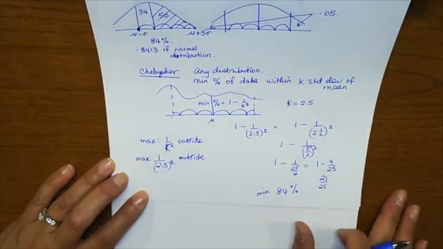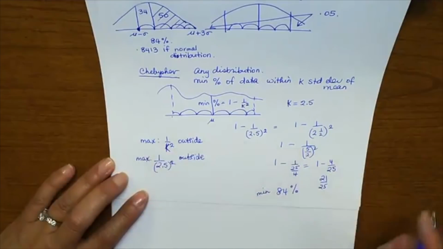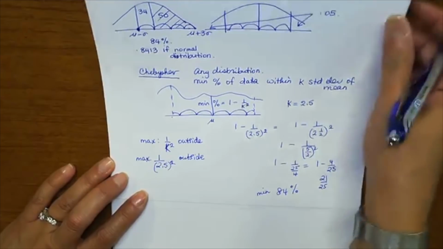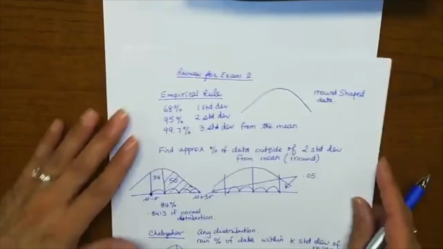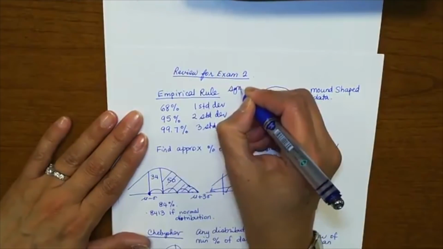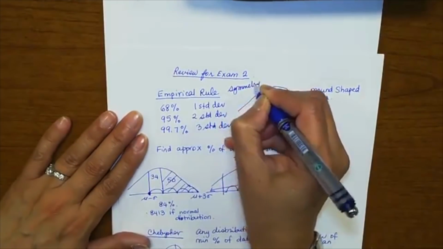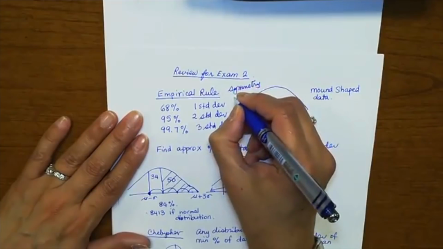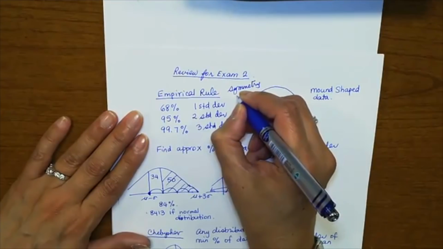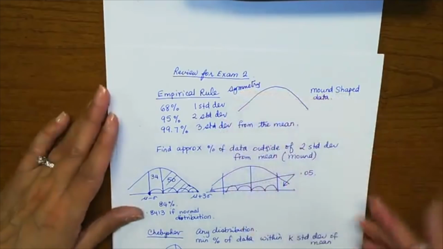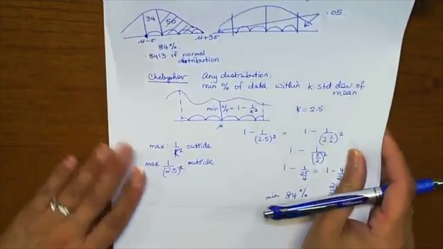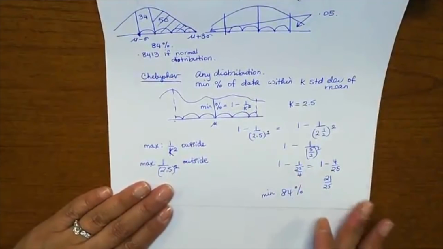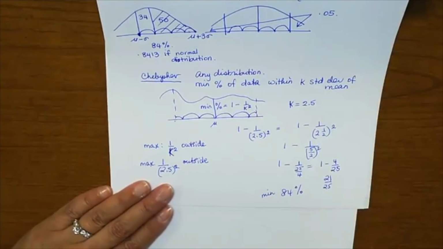You can't split that and say half of it on one side and half of it on the other side. It doesn't work that way for Chebyshev. It only works that way for the empirical rule because we're assuming symmetry and mound shape, of course. But there's no symmetry assumed here, so that's it. Any questions on each of these?